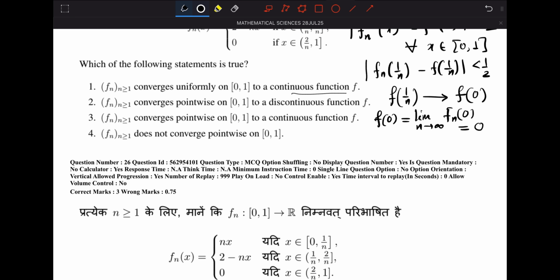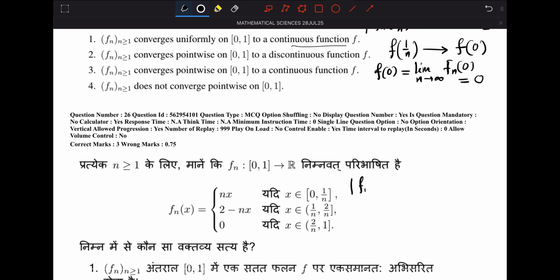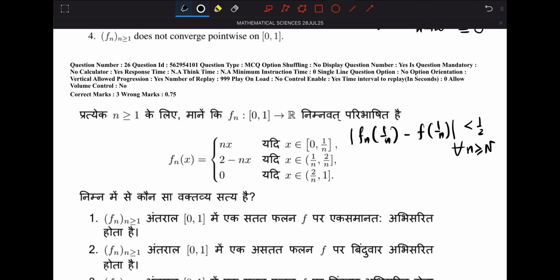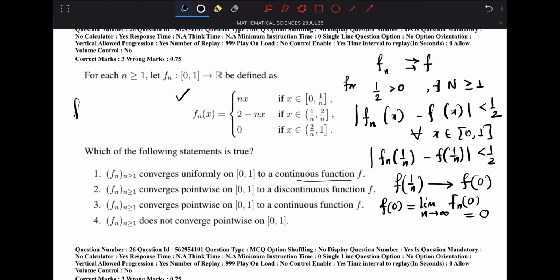But we have |f_n(1/n) minus f(1/n)| less than half for all n greater than or equal to N. What is f_n(1/n)? By the definition, f_n(1/n) is 1.